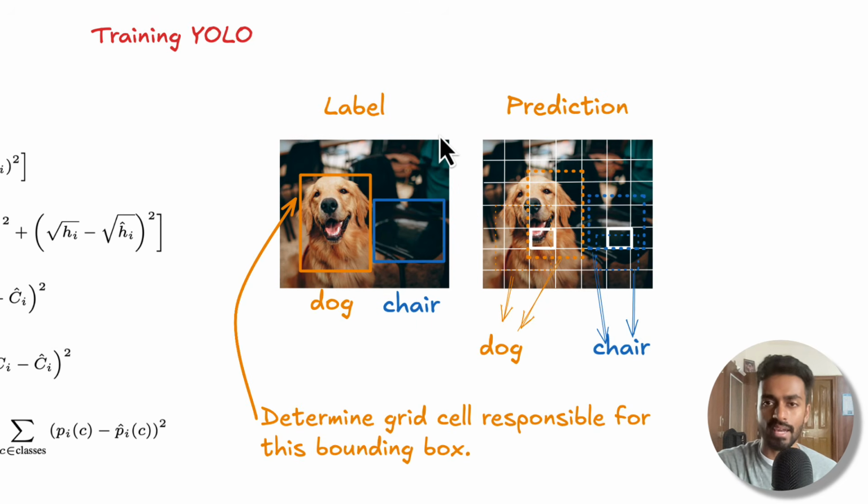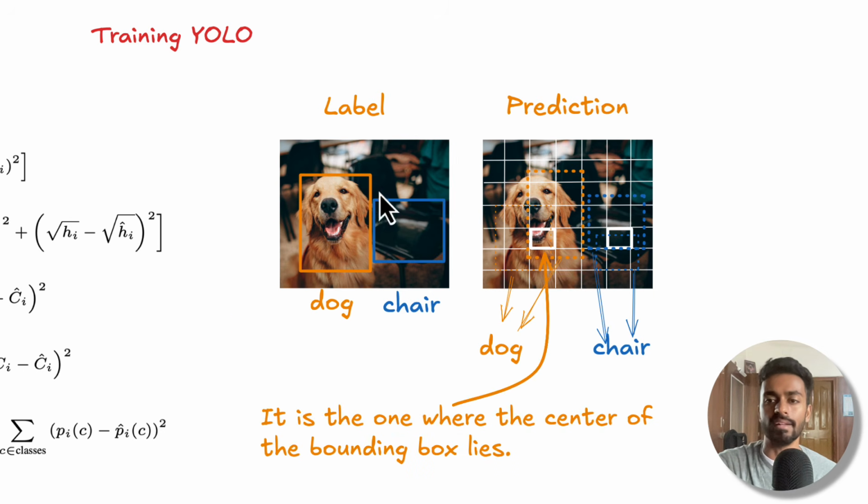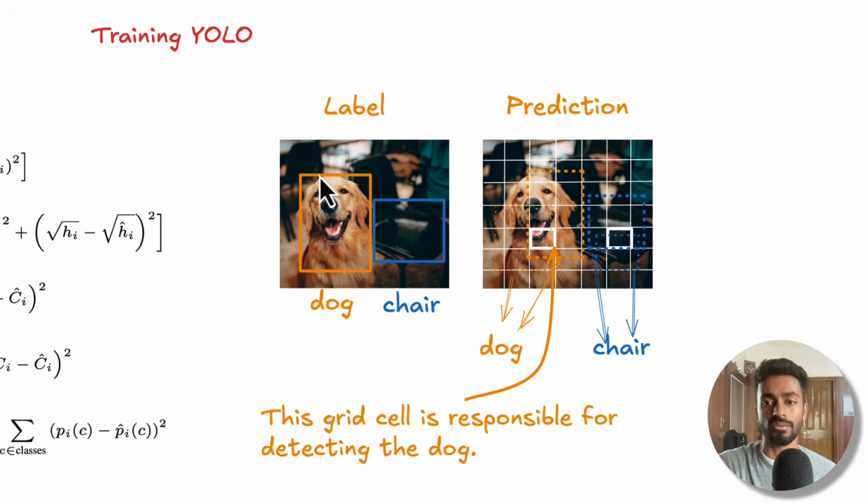So let's say in our label and prediction over here, we wanted to determine the grid cell that's responsible for this bounding box over here, right? And this is the grid cell specifically because this is the one where the center of this bounding box lies, we determined that it lies in this grid cell. And so this grid cell is responsible for making this prediction. But this grid cell also makes two of these bounding boxes over here, one and then two over here.